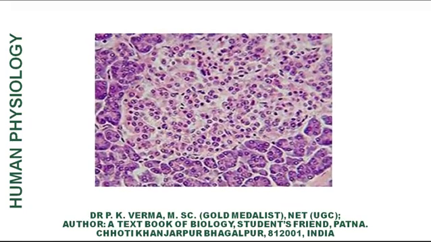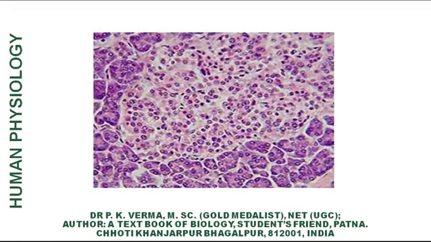This is the photograph of the islet of Langerhans. So the pancreas has an endocrine as well as an exocrine part. It is a composite gland or compound gland.